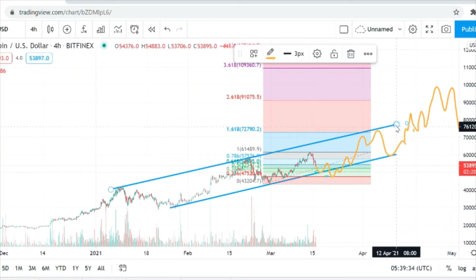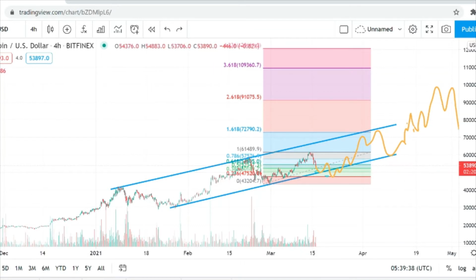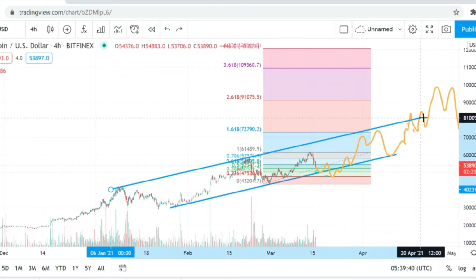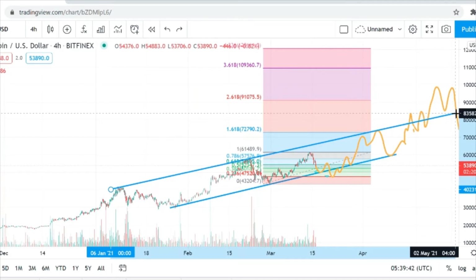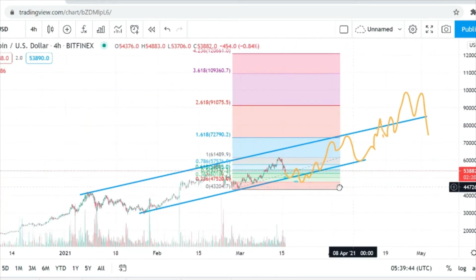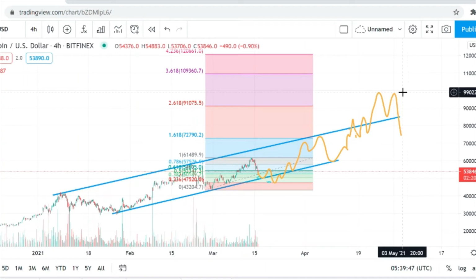This one can be a short-term high before it goes to 100k at this region. In the zone, it will be going in the short term.